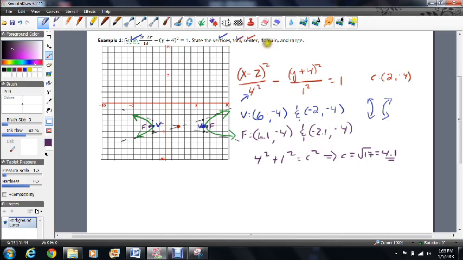Last but not least, we still have to do the domain and range. So I'll put that up here. The domain of this, since we're going to go all the way from negative 2 all the way to negative infinity, we'll first start off with negative infinity to negative 2.